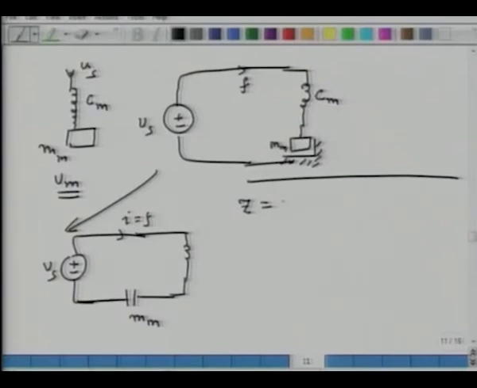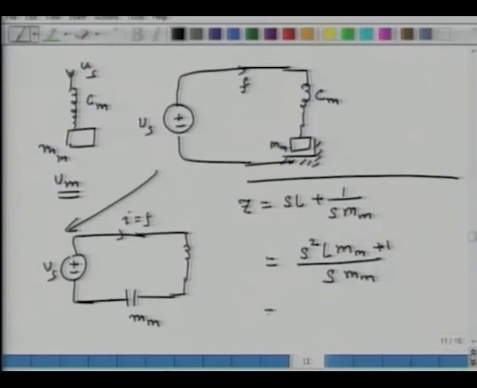So Z equals SL, S is j omega, plus 1 over S mm, equals S square L mm plus 1 over S mm. So I put S as j omega, so what I get is 1 minus omega square L mm over j omega mm. Is that right? Yeah.